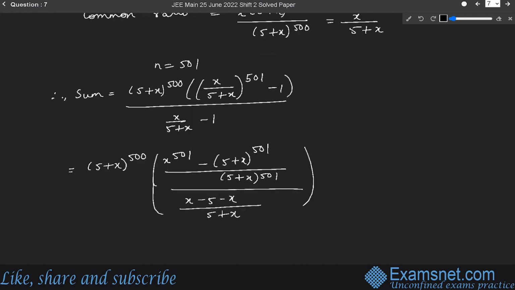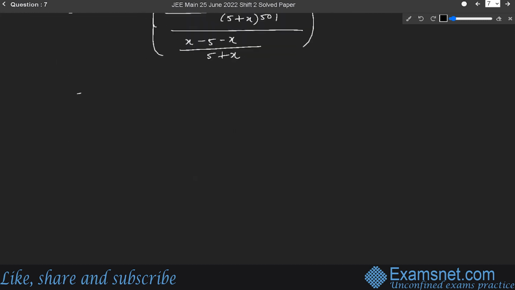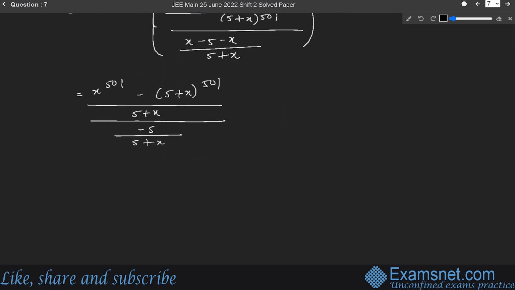On further simplifying, this will be equal to (x power 501 minus (5 plus x) power 501) divided by (5 plus x) divided by minus 5 whole divided by (5 plus x). So it will be equal to 1 by 5 into ((5 plus x) power 501 minus x power 501).